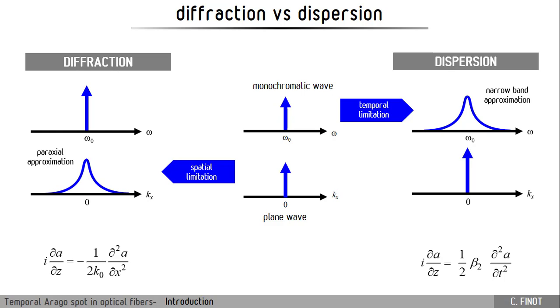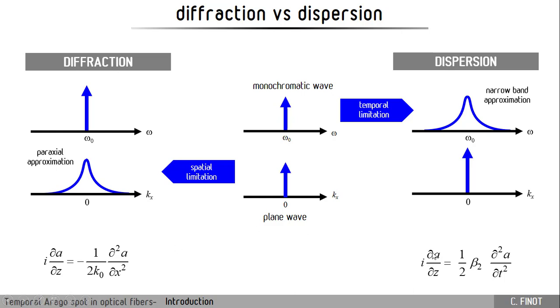So here we will restrict to the cases where the broadening of the spectrum is quite narrow, both in diffraction and in dispersion. And what we can see is that the governing equations are very close. We can draw an analogy between the two main equations of propagation.